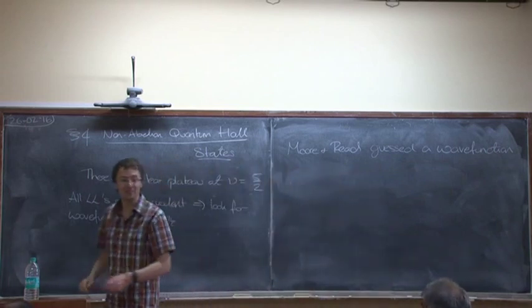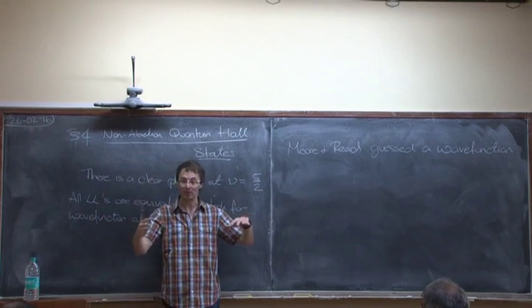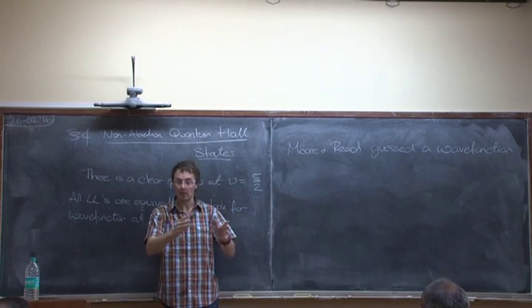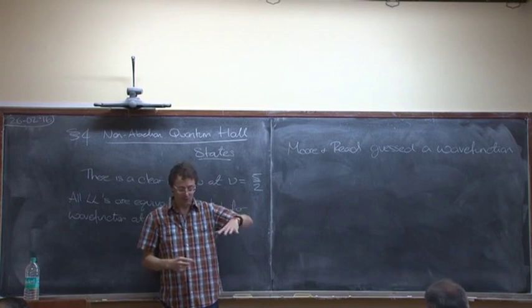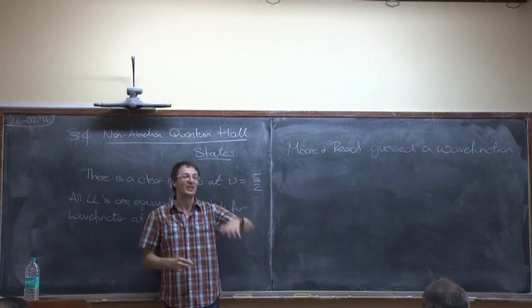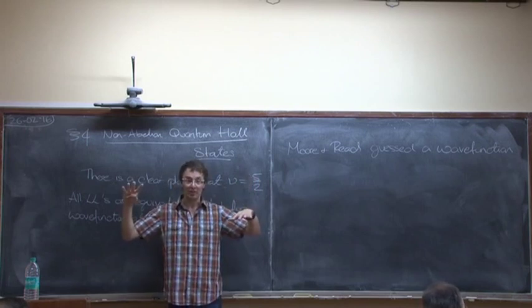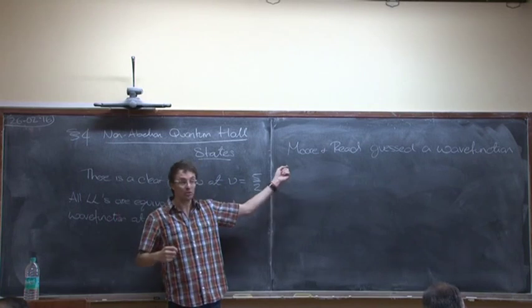What they actually did was show that there's a deep connection between quantum Hall physics and conformal field theories, which I'm hoping we'll explain in the last lectures of this course. They showed that all of the wave functions that were known for quantum Hall physics, Laughlin, hierarchy, various others I didn't mention, could all be cast as correlation functions in particular conformal field theories. That's the first thing they showed in this paper.